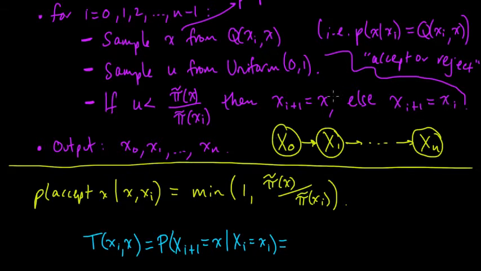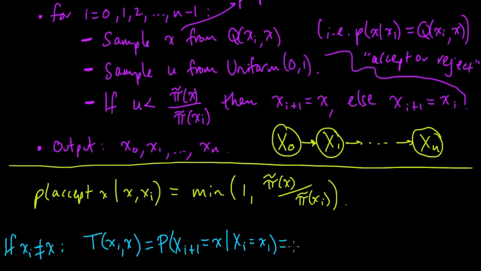In order to simplify our analysis, let's suppose for the moment that x is not equal to xi. So we're going to figure this out in that case, and so this possibility is eliminated. We know that if x is not equal to xi, then we couldn't have rejected, because then they would be equal. And so the only way for that to happen is that we got our proposal x and we accepted.